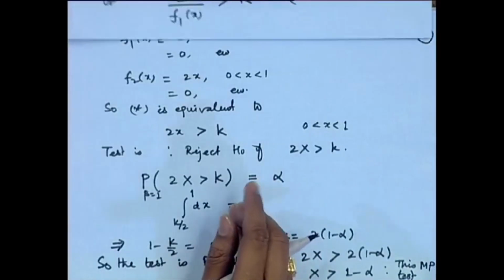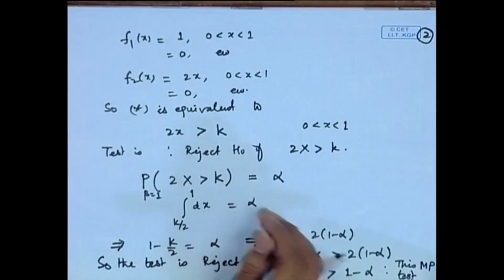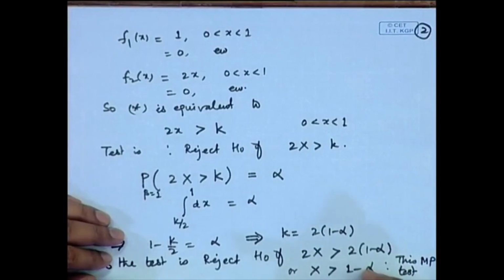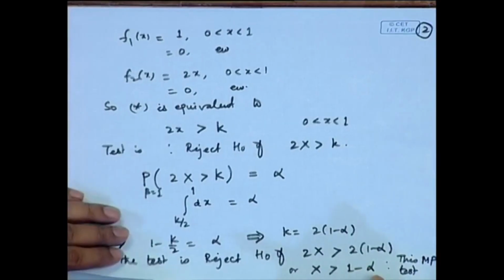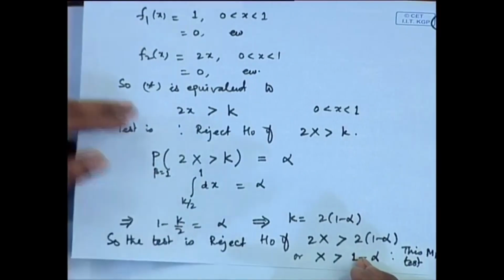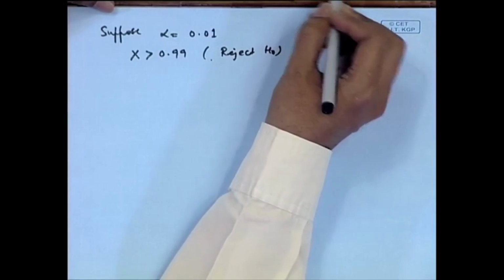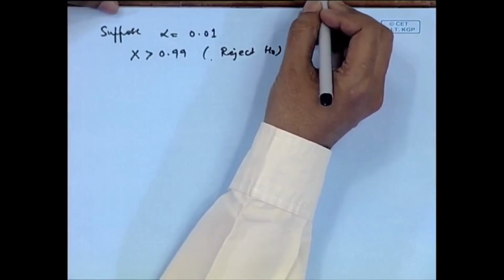But since this is a continuous distribution, we do not have to look at that region, because we are able to achieve the exact level alpha by this test. So, we can simply state that when we are rejecting or accepting, the point x equal to 1 minus alpha does not make any difference, because that has probability 0.